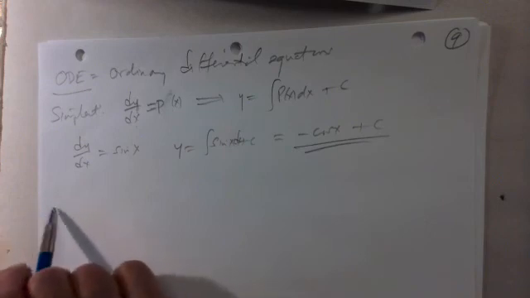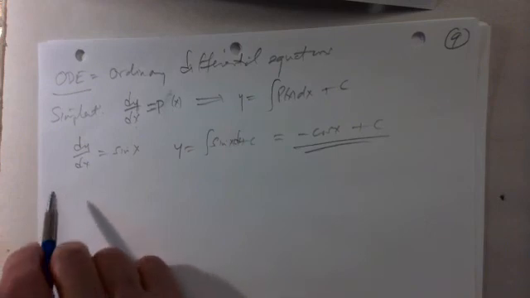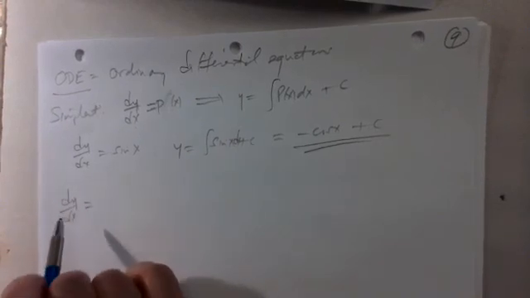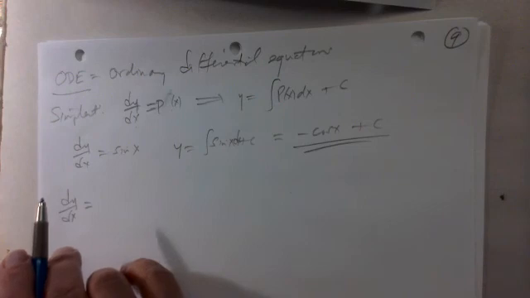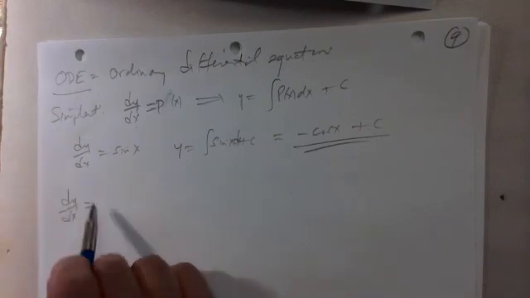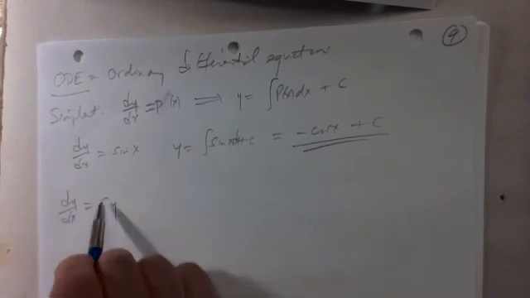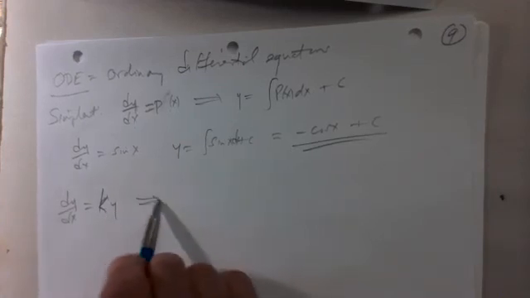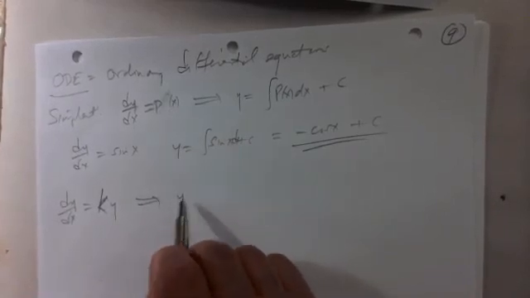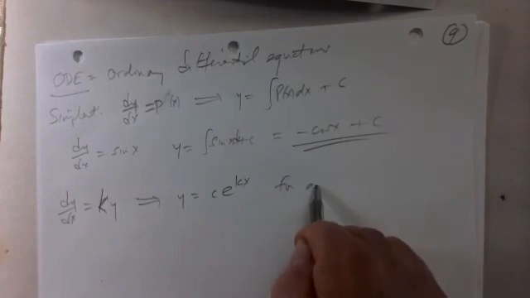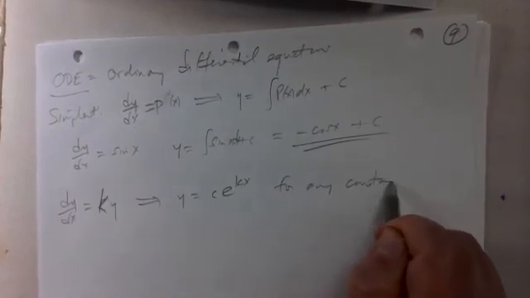What's the next simplest? Well, you might have a problem where dy/dx is equal to some constant times y. This is k times y. And you know that one solution is y equals c e to the kx, for any constant c.